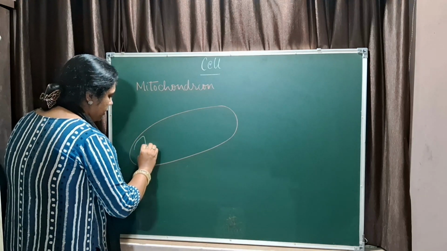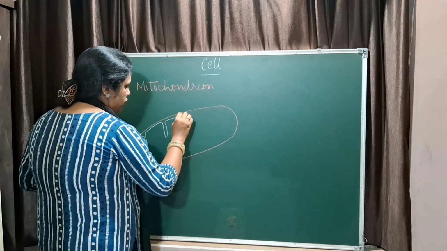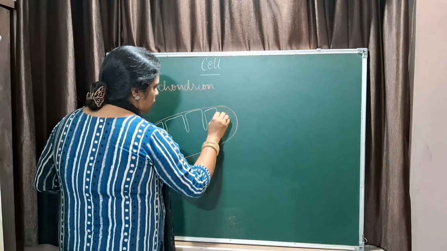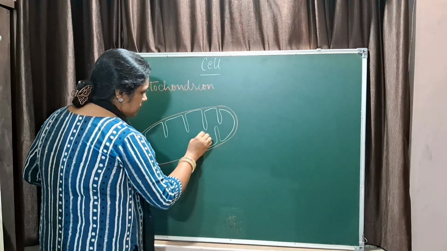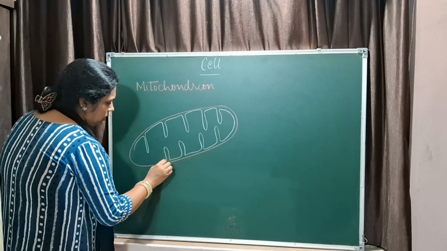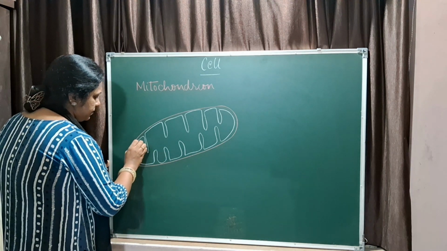It has a two-layer membrane. So just stick to the margin. Draw the grooves. The inner membrane of the mitochondria is thrown into folds to increase the surface area for the ATP synthesis. You can slow down the video and see how the diagram is being done. It's really easy to draw.